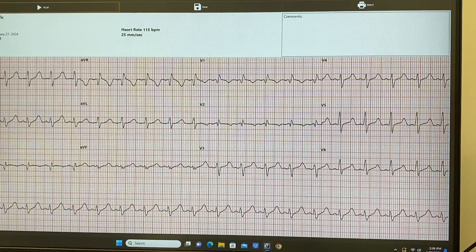Okay, with a regular rhythm so far, right? Yes. So we don't know what kind of tachy this is or if there are any other issues going on. Correct. All right, looking for the presence of a P wave.